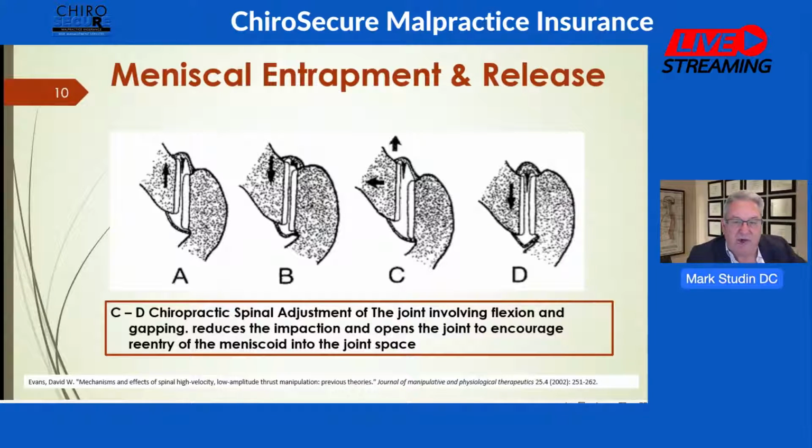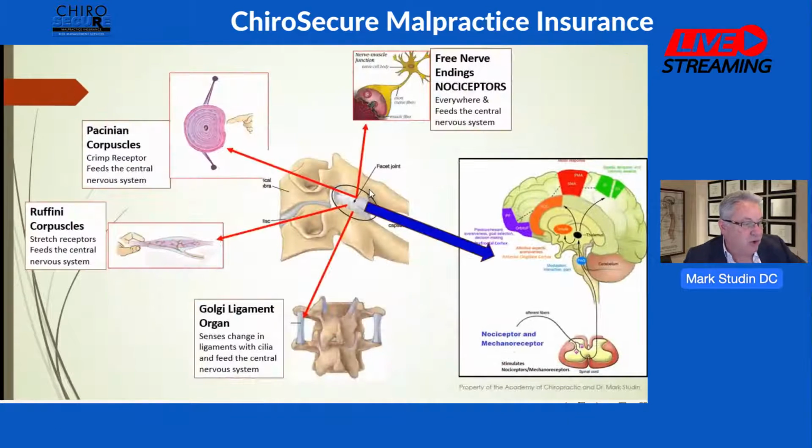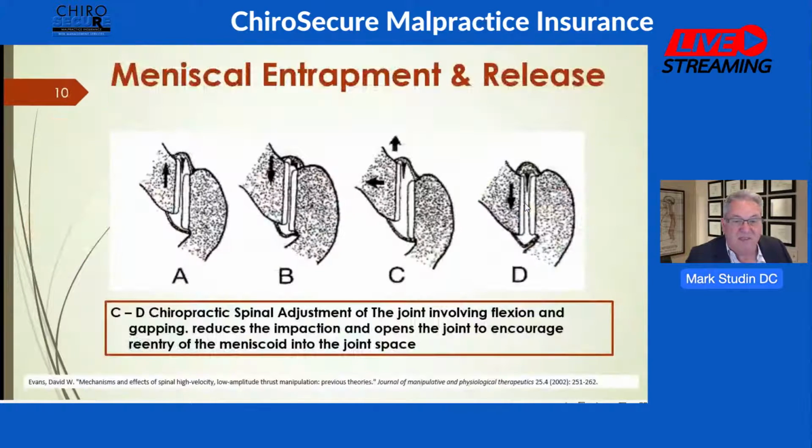There's pressure now off. Remember, we say pressure off of, you've got crimp receptors and stretch receptors and Golgi ligament organs. All of these things now normalize. When these things normalize, all of a sudden you stop that aberrant firing up into the brain. It doesn't go into the lateral horn anymore.